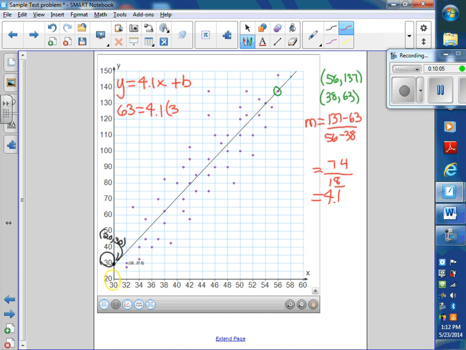Right. Makes more sense now? Okay, do that multiplication for me, you guys. What do we get? 4.1 times 38 is 155.8. Somebody want to check her work? It's 155.8.